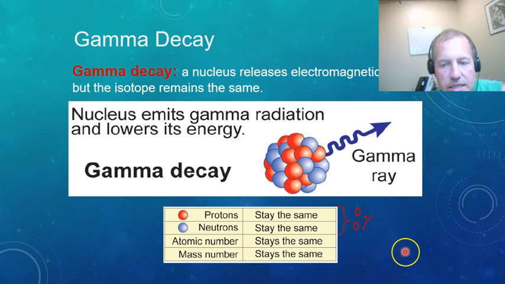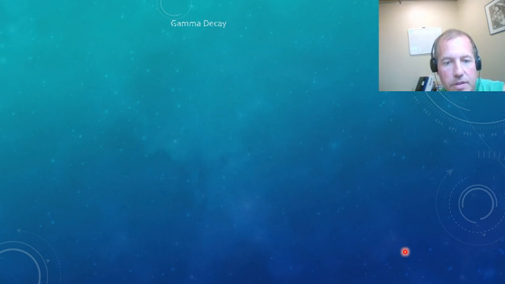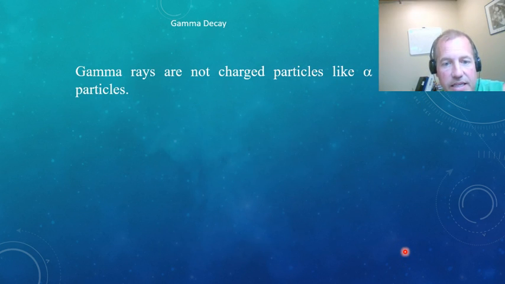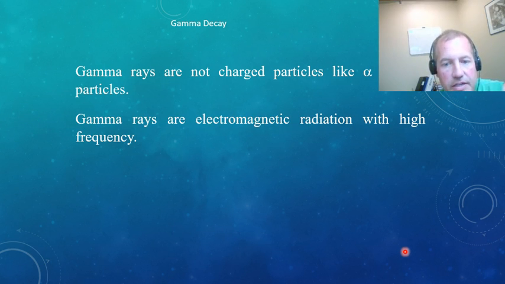But it does emit a gamma ray. Gamma rays are not charged particles like our alpha and our beta particles. It's electromagnetic energy with high frequency and very short wavelength, which relates to extremely high energy.